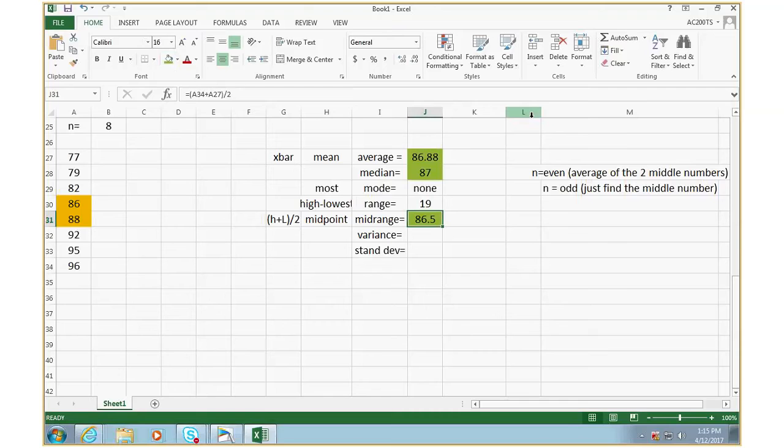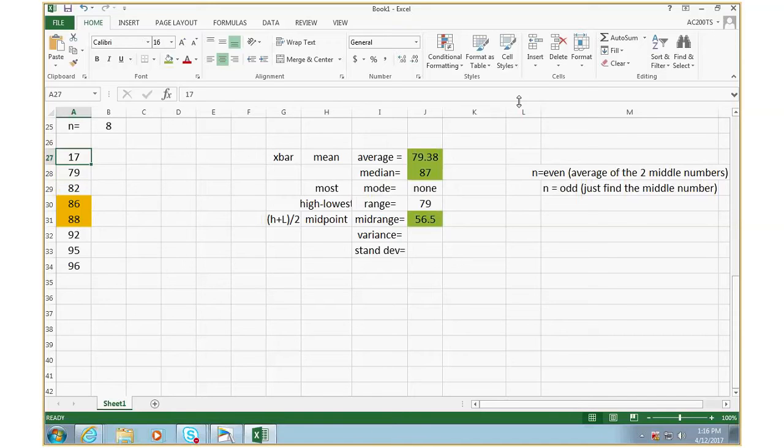Now what if you come in not prepared for a test and you made a 17 on your test? What did that just do to the mid-range and the median? See what it did to the average and the mid-range? Now it's totally different.